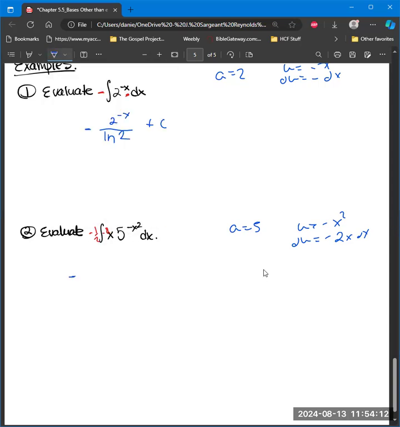That's going to give me a negative 1/2 times, and then ln of 5 will be down here. 5 to the negative x squared will be up there. Then plus c. So that all comes together as negative 5 to the negative x squared over 2 ln of 5 in the denominator plus c, like that.